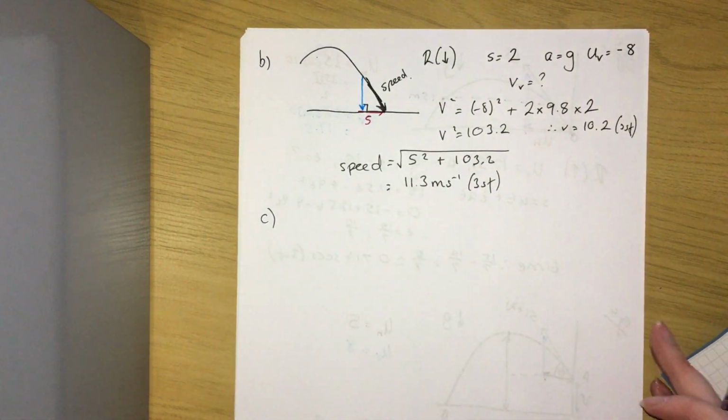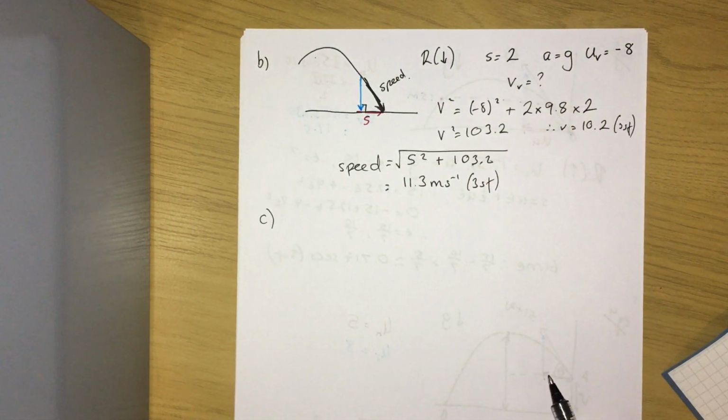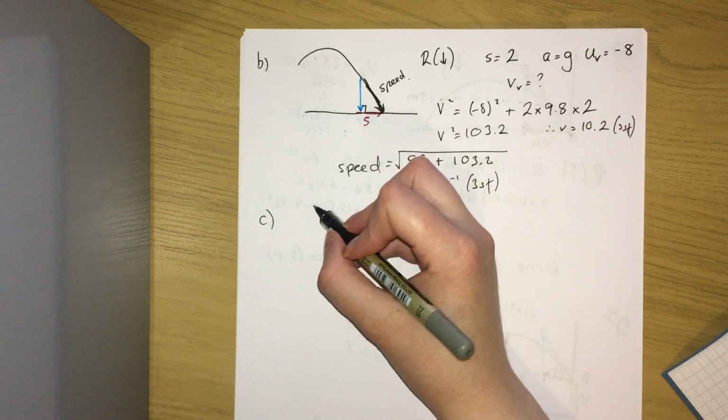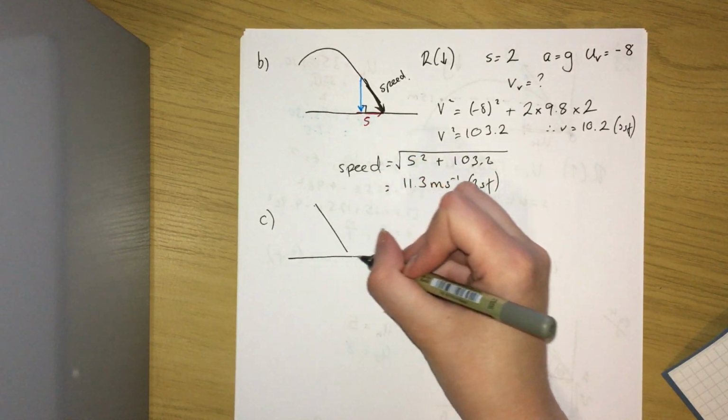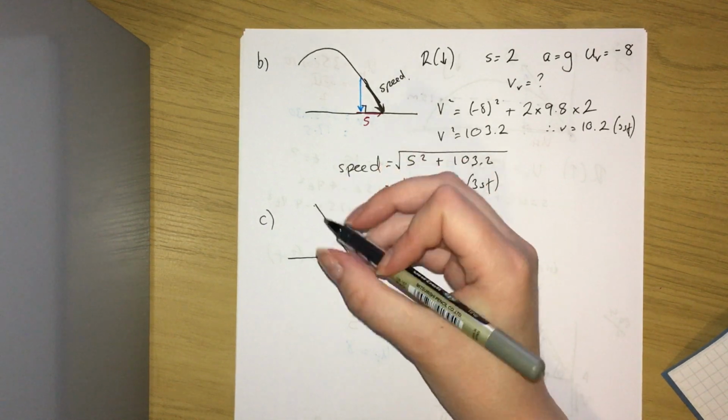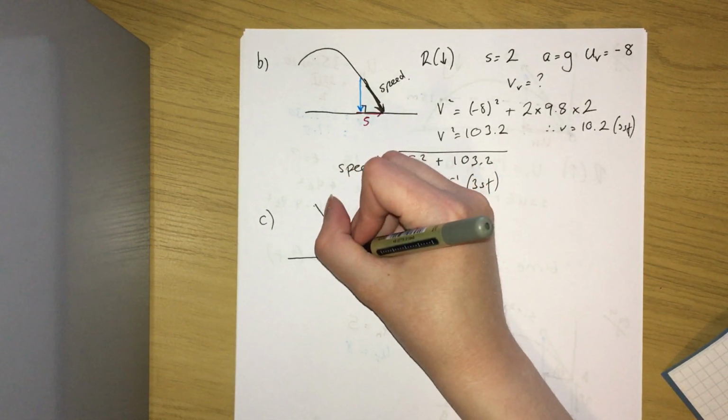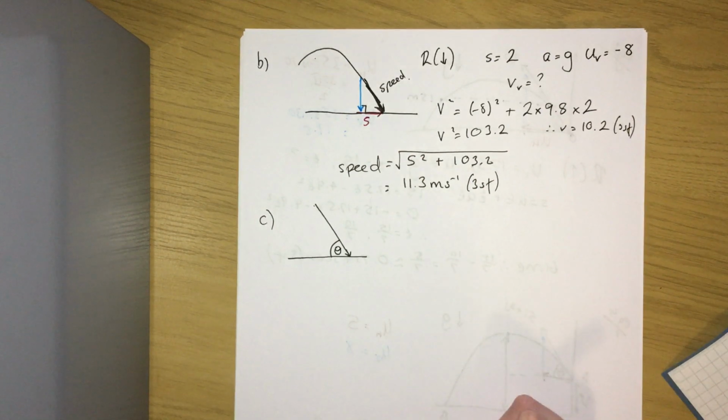Final question. Find the angle of velocity of the ball. Find the angle the velocity of the ball makes with the ground as the ball reaches B. So we're again dealing with the same as the previous problem, where I'm trying to find this angle here. Now I know I defined theta earlier.